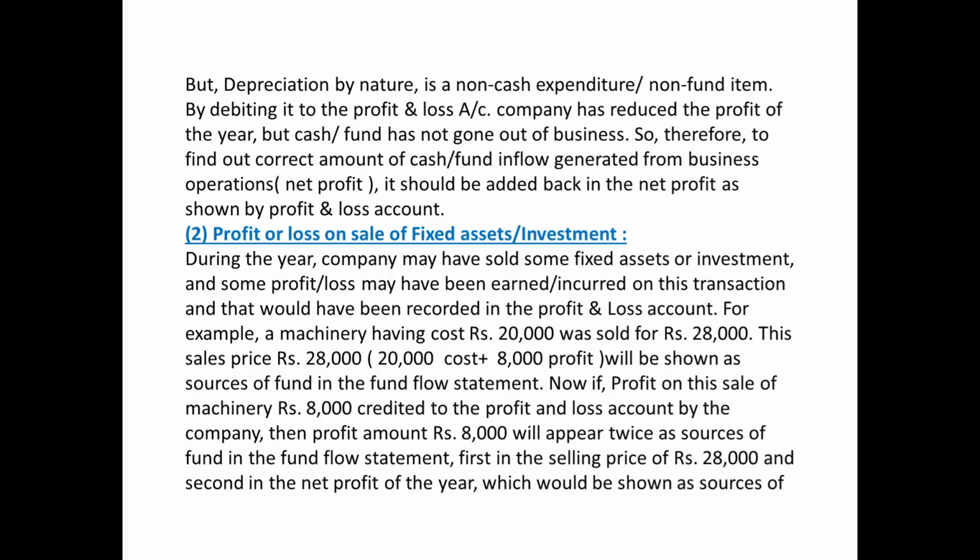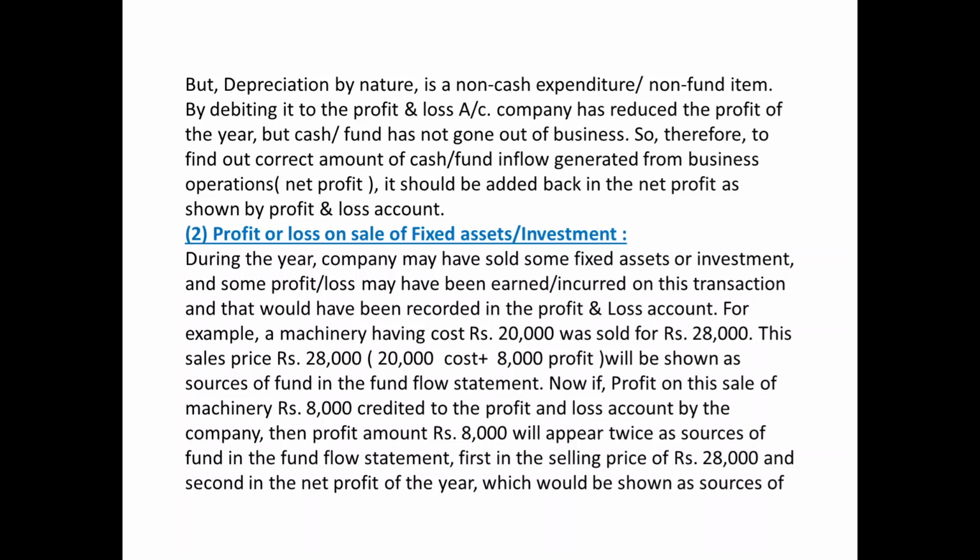So being a non-cash item, depreciation should be added back to the net profit to arrive at cash operating profit generated from the business operation. Depreciation is a very well-known example of non-cash expenditure. You need to find this type of non-cash expenditure from the given profit and loss account.